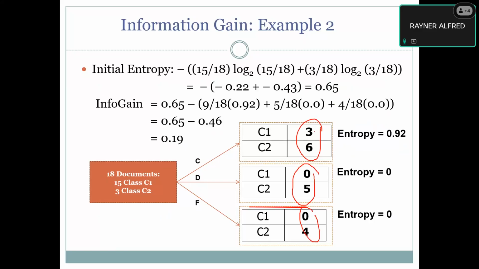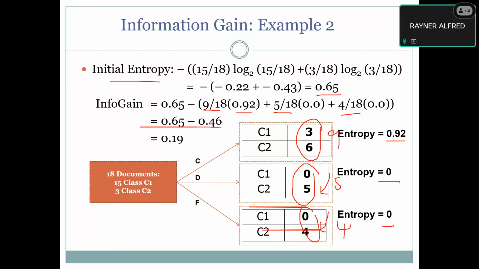So the entropy for this is 0.92. This is 0, 0 because all belong to class 2. So when we compute the initial entropy, it is 0.65. Okay, after we split them, this is 9/18 because we have 9 here. This is 5, this is 4. So this is the entropy. This is 5 and 4.